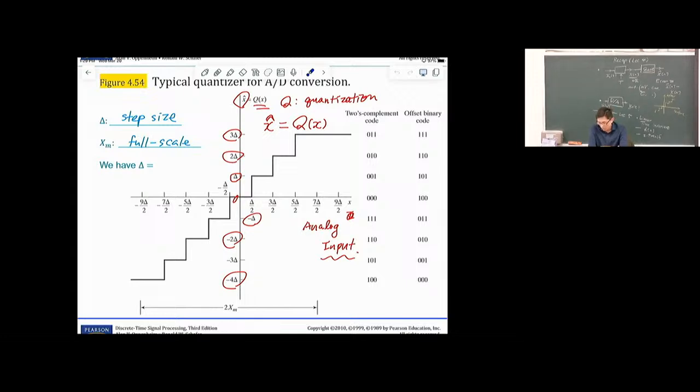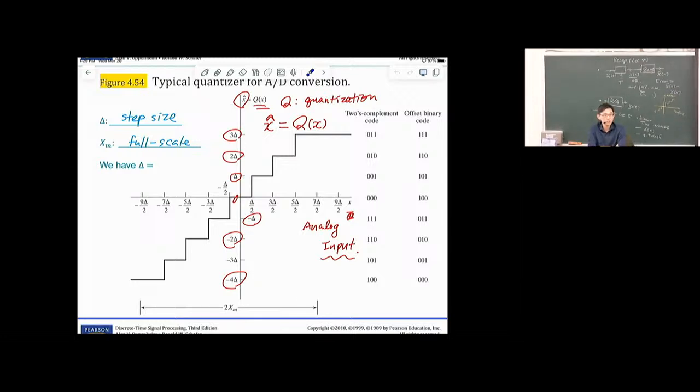So once we determine the step size, and we know that we have only 3 bits, the full range here, when we sum up all the step sizes, when we multiply the step size by 8, that's our full range.